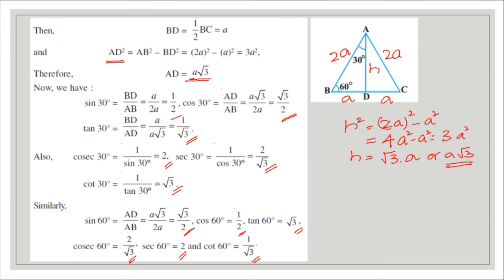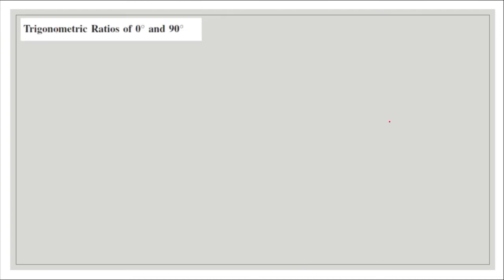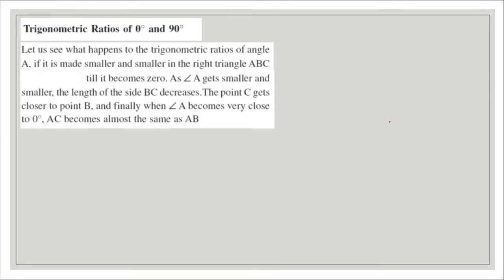Let us move on further to define the trigonometric ratios with respect to 0 degree and 90 degree. Let us see what happens to the trigonometric ratios of angle A, if we make it smaller and smaller in the triangle ABC till the angle becomes 0.